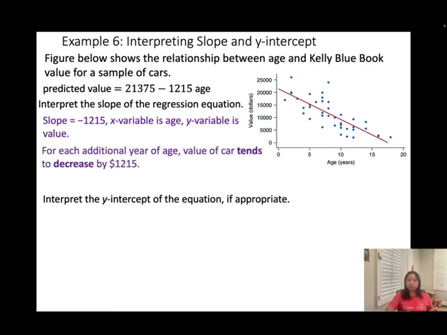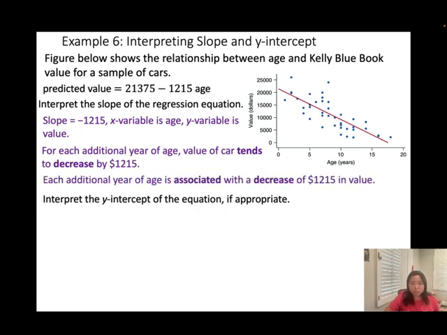For each additional year of age, the value of the car tends to decrease by 1,215. If this were a plus, then it would be increasing. Rewrite this sentence: each additional year of age is associated with a decrease of 1,215 in value.